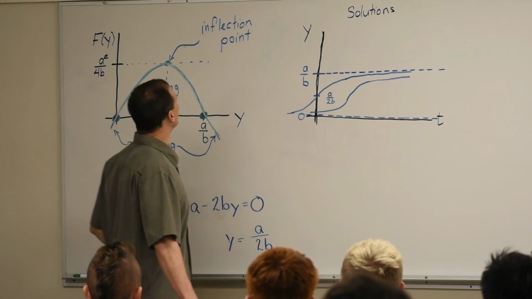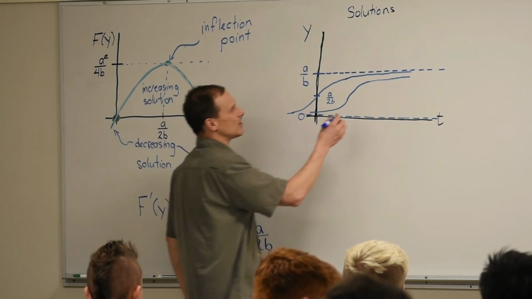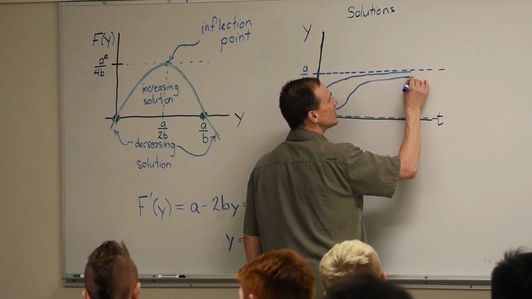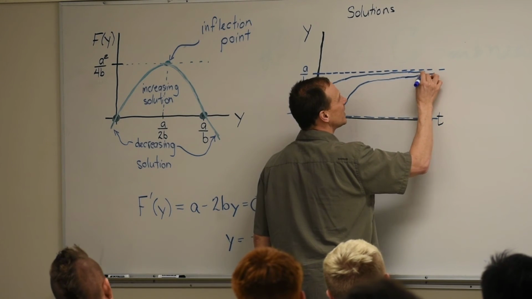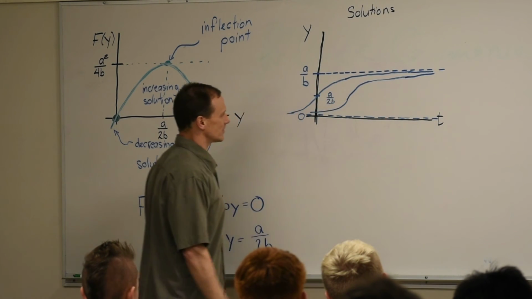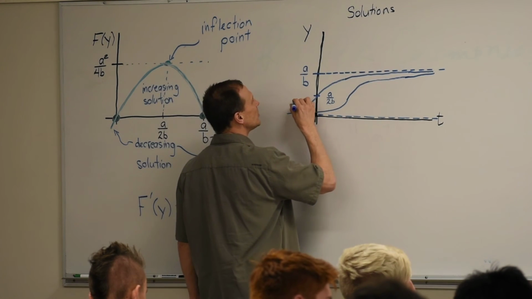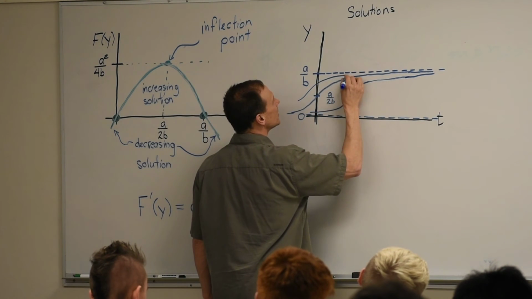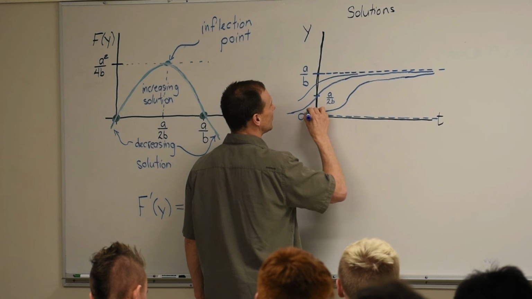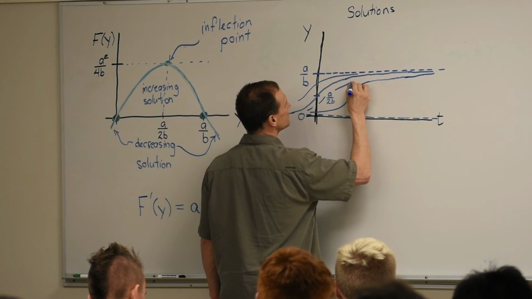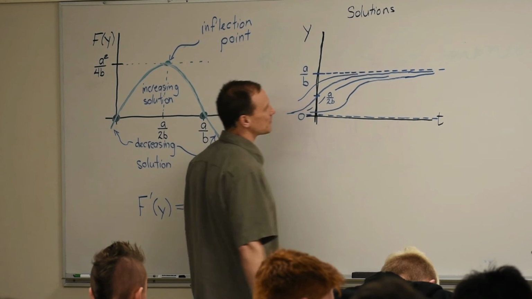But the derivative is already our value that we have over here. It's just f of y. So these can't ever cross, but man, can they get as close as you want. And you can have functions that come up, solutions here, and you can just fill the page with these. But they won't ever cross.